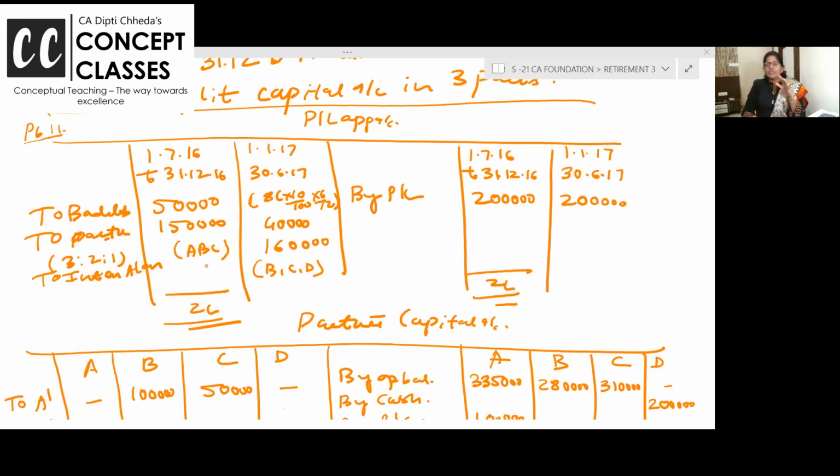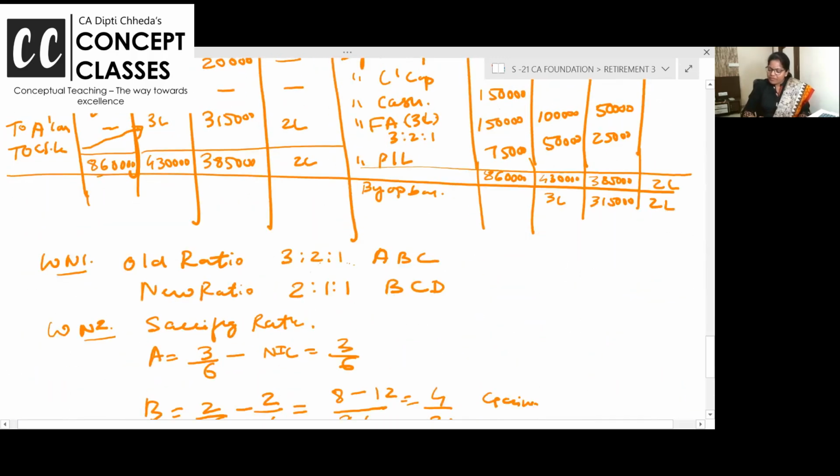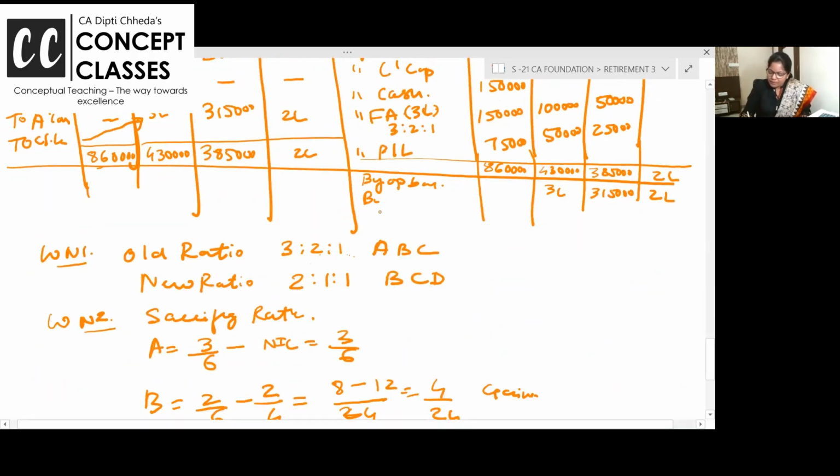40,000. See, A is going bye-bye in December. Other three partners are continuing till June. Whether they pay or not, but A's loan interest is an expenditure, no? Yes. So they will reduce the profit and now give 160 profit.